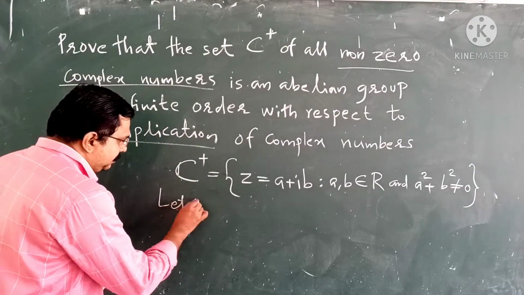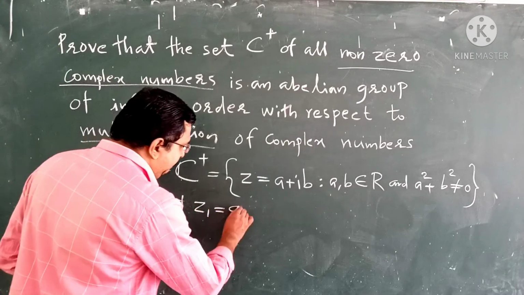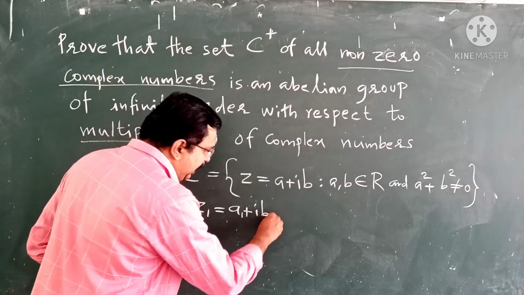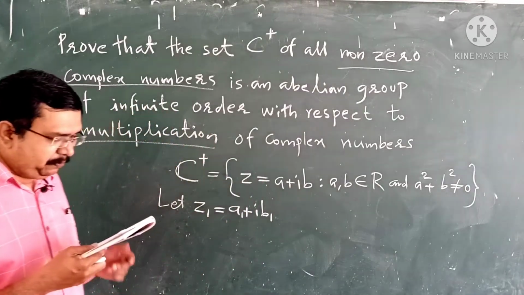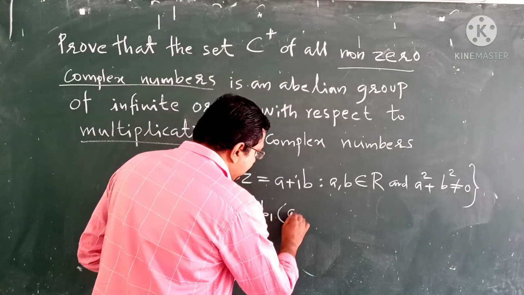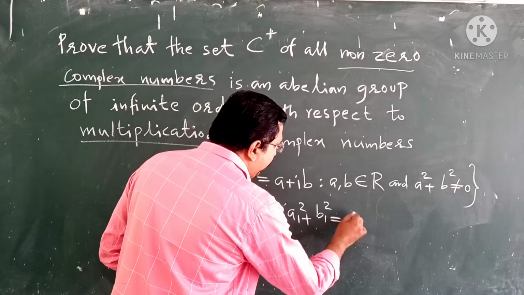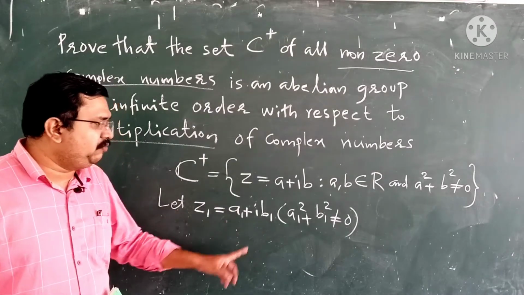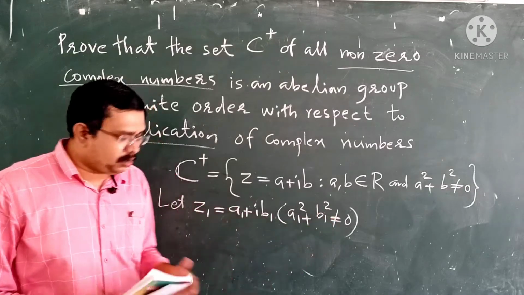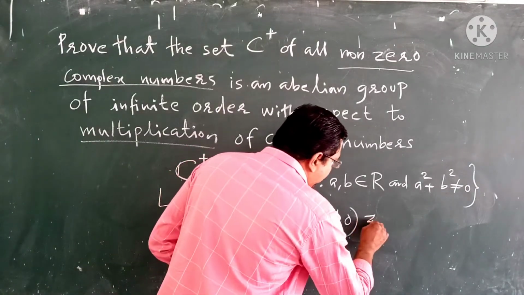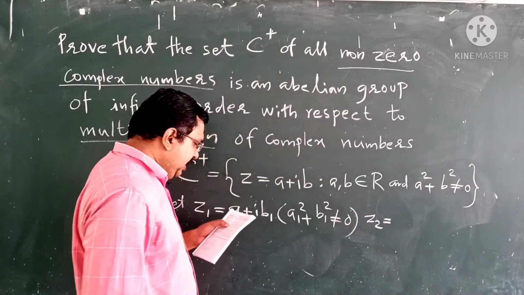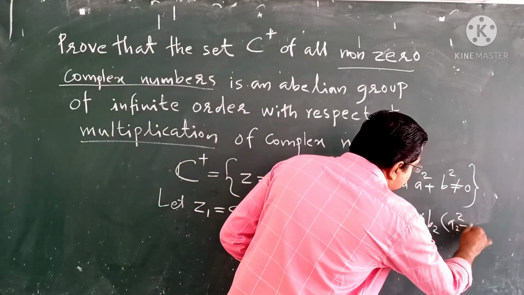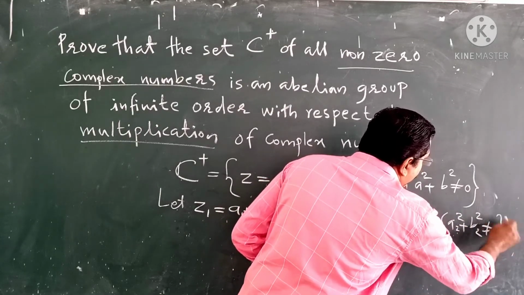Let Z1 equal A1 plus IB1, where A1 square plus B1 square is not equal to 0, and Z2 equal A2 plus IB2, where A2 square plus B2 square is not equal to 0.